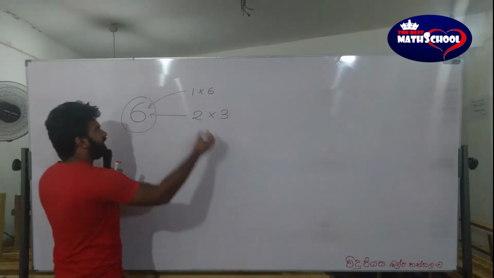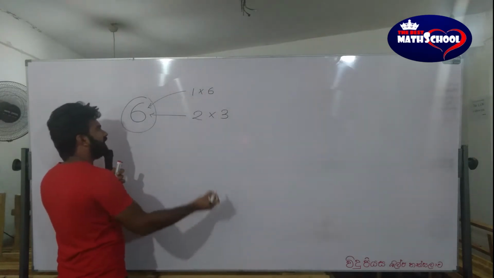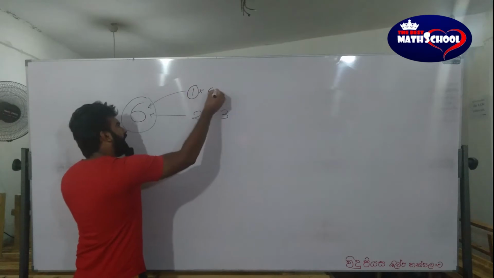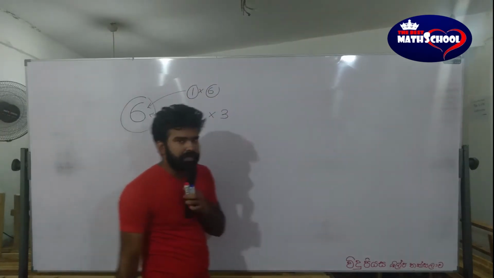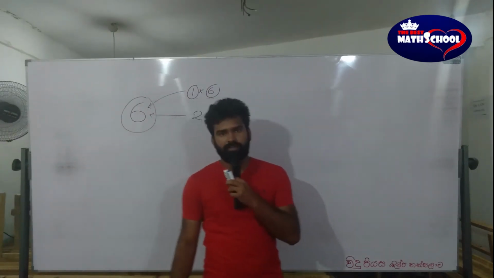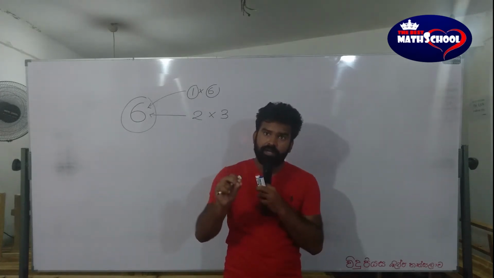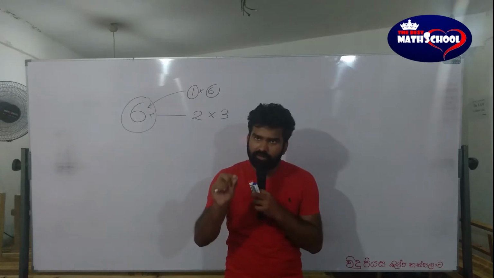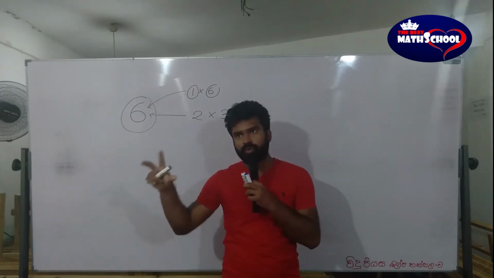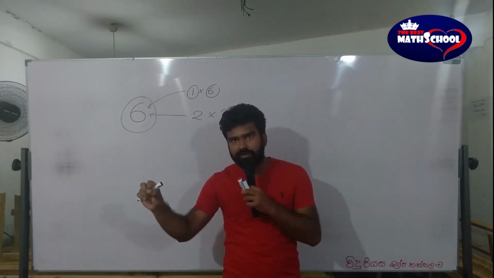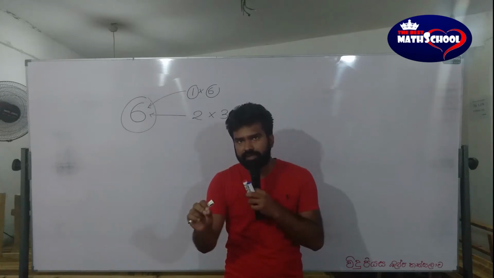So if I write this as 1 into 6, this 1 and 6 will be factors of 6. Got it? That means 1 and 6, I wrote it as a product, 1 into 6 will be 6. So I constructed 6 by multiplying the two whole numbers 1 and 6.